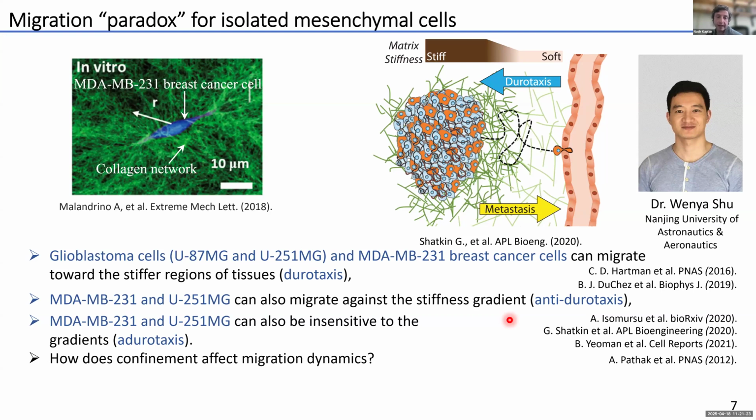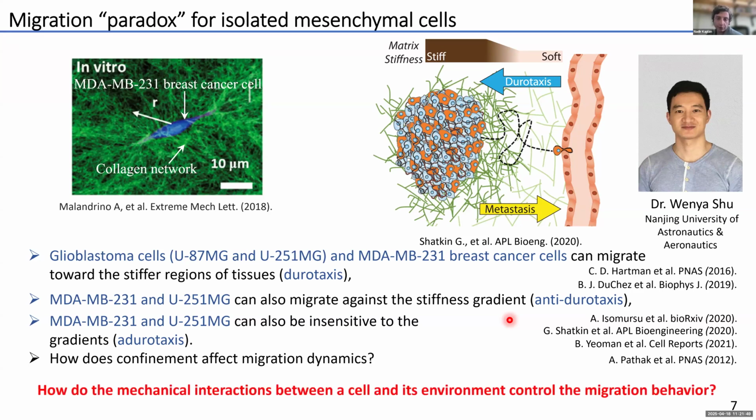Of course, with that, another question is, I will always bring the component of confinement into the question, simply because whenever there is stiffness-dependent migration and you have confinement in the picture, that stiffness-dependent migration will be modified either qualitatively or quantitatively.